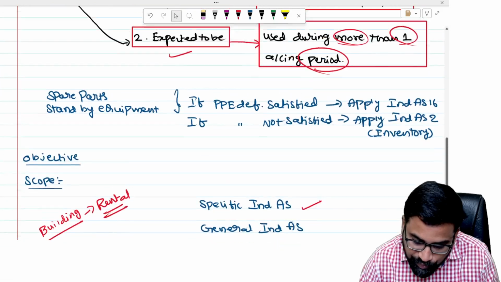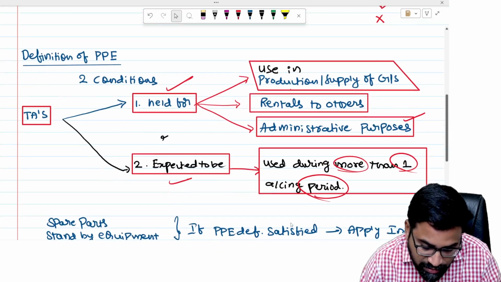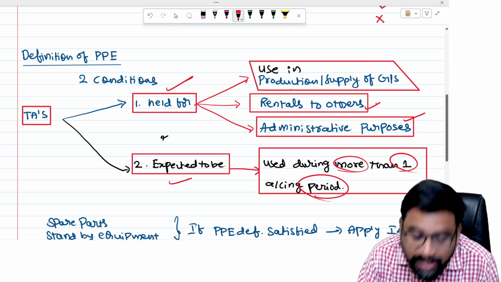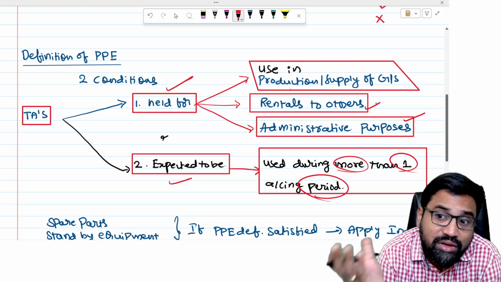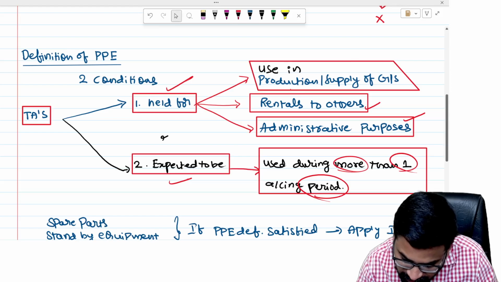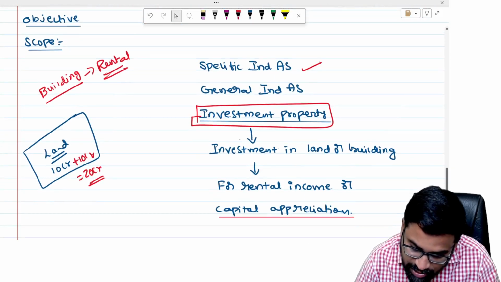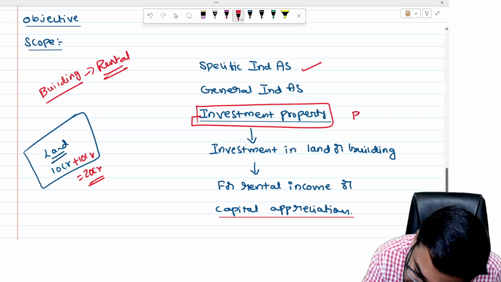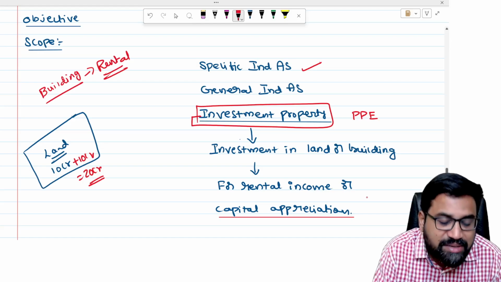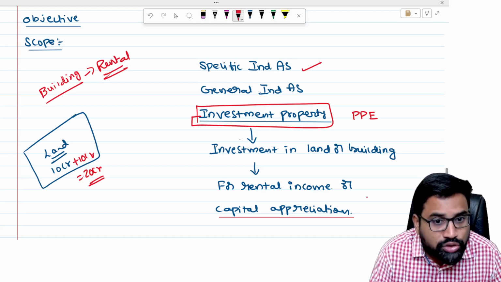Sir, you said, see here, in the PPE definition, PPEs are tangible assets held for rental to others. Even rental to others is also PPE. Yes, that means investment property is also satisfying the definition of PPE. Because you purchase a land, you purchase a building, both are tangible assets.